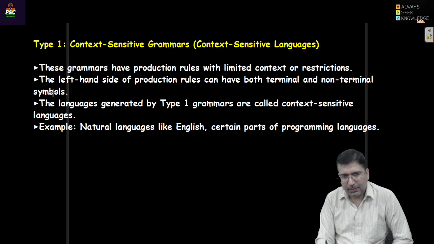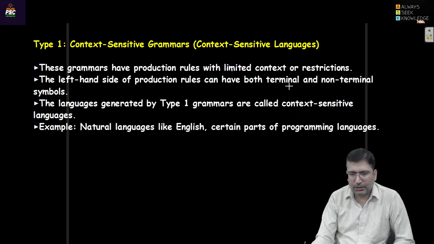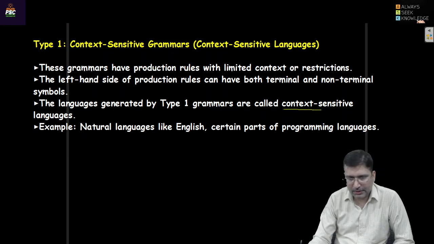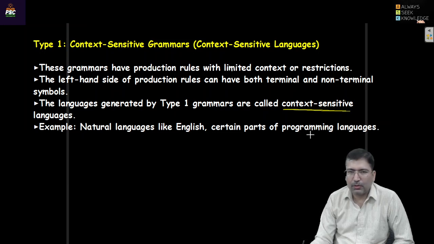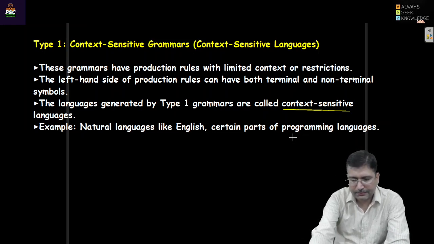The left hand side of the production rule can have both terminal and non-terminal symbols. It is allowed. The languages generated by type 1 grammar are called context sensitive languages, which we have already discussed, right? So this is very, very important: context sensitive. Natural languages like English and certain parts of programming languages can also be considered in this context sensitive grammar.